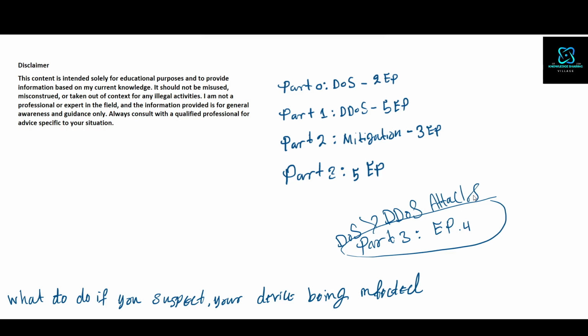Okay, that was that, and we are continuing our journey into the concept of denial of service attack and distributed denial of service attacks. This is the fourth episode in the four parts. Now in episode 3, we learned the signs that indicate that our device might be part of a botnet.